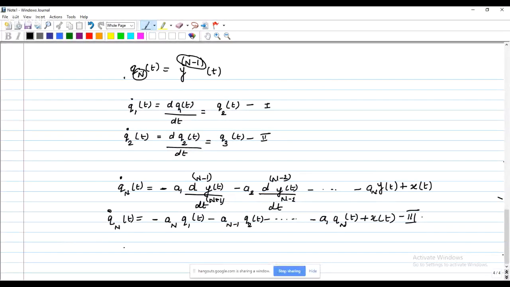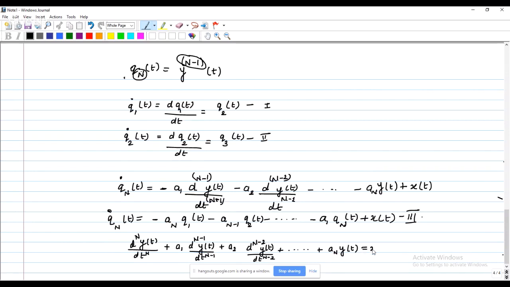So let us go to the last equation and clarify. See what we want is we have the derivative, right? So we have d n y of t by dt raised to n plus a1 d n minus 1 y of t by dt raised to n minus 1 plus a2 d raised to n minus 2 y of t by dt n minus 2, plus so on and so forth, and this becomes an y of t.